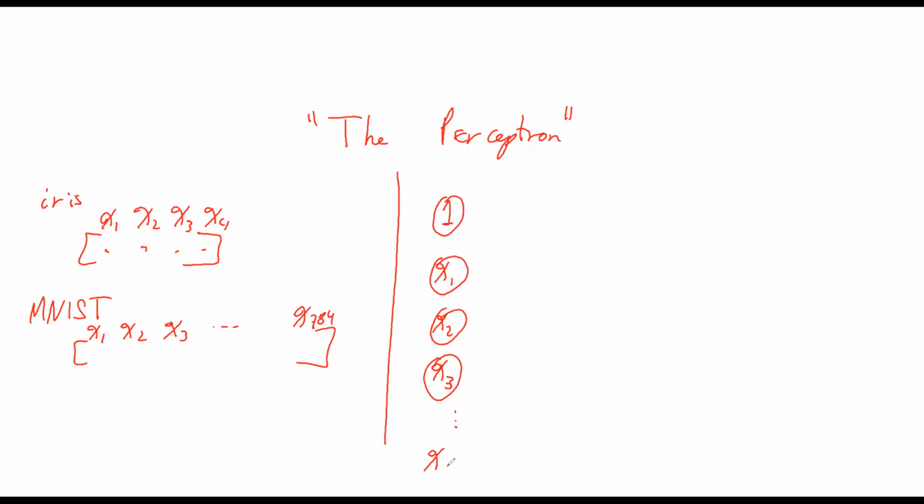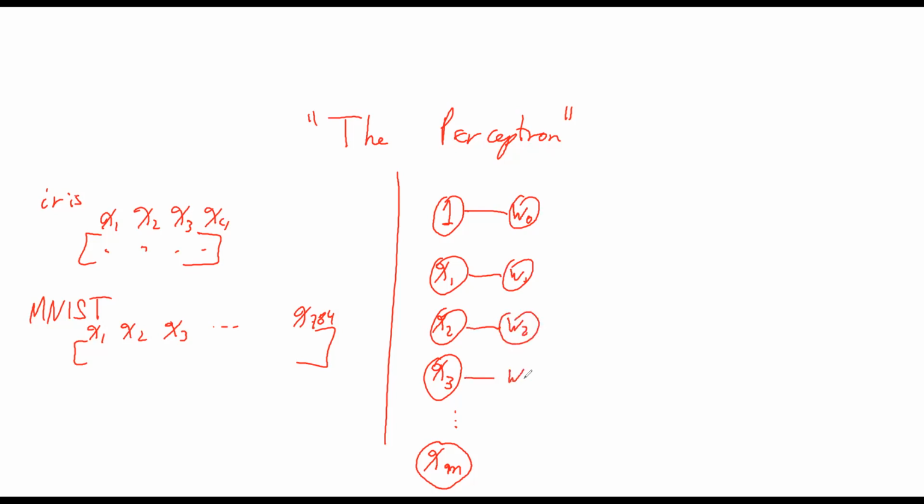Let's generalize to xm. Okay, and so we have these are the inputs, the vector. This is going to be then multiplied by the weights, right? So we're going to learn these weights, this combination, and then this just tells us how important something is.